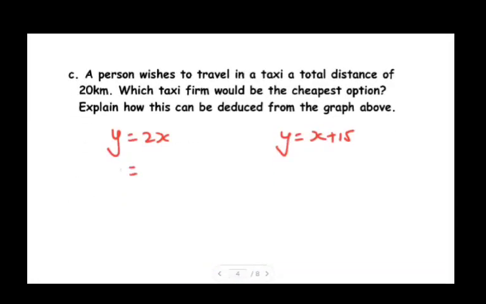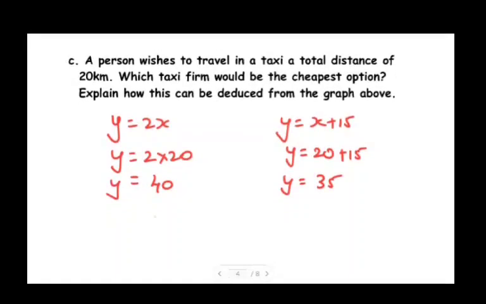So what is the distance? 20. So what is the value of y, which is in dollars, which is $40? And here y is equal to how much is this? X is 20, and 15. Y is equal to 35.